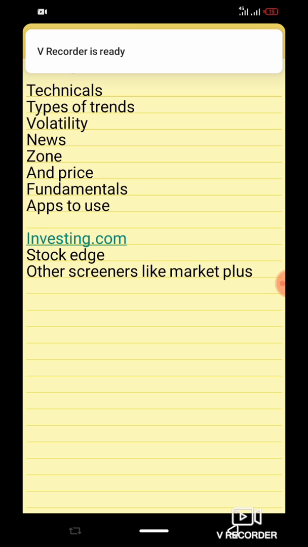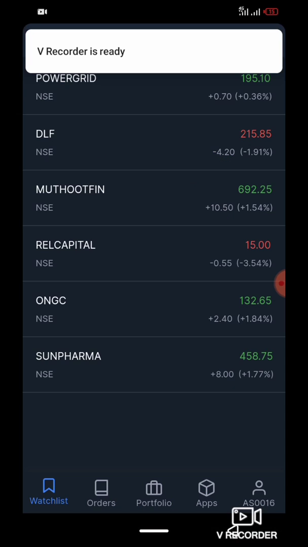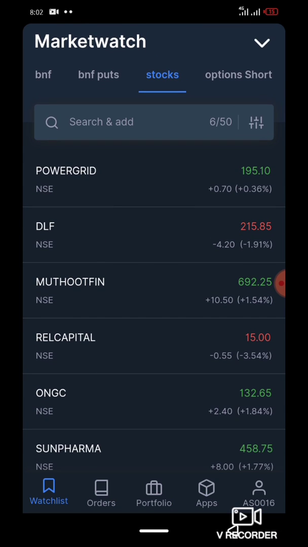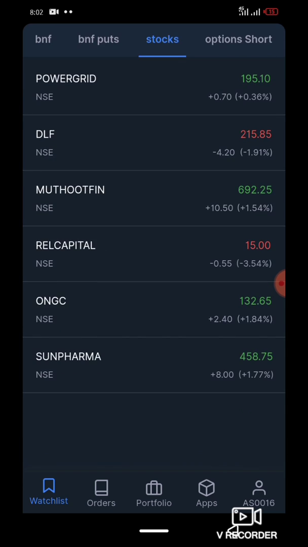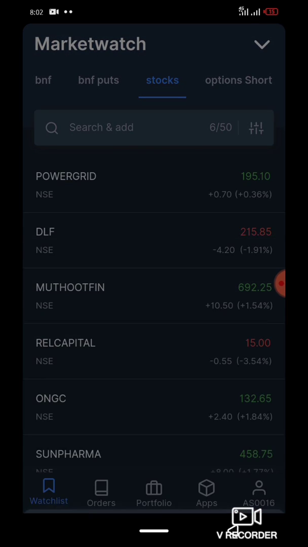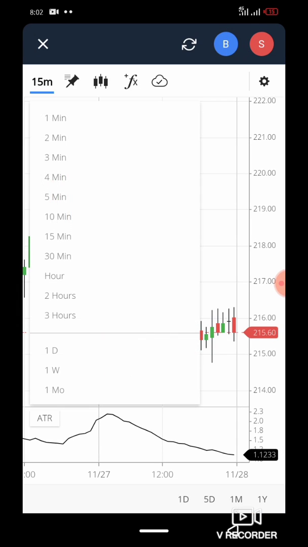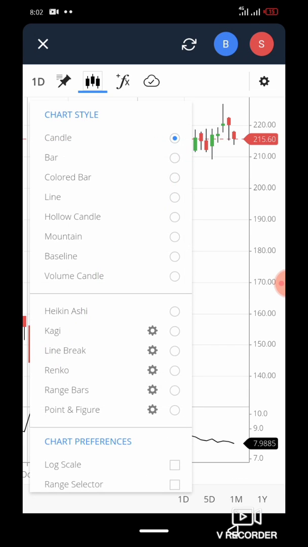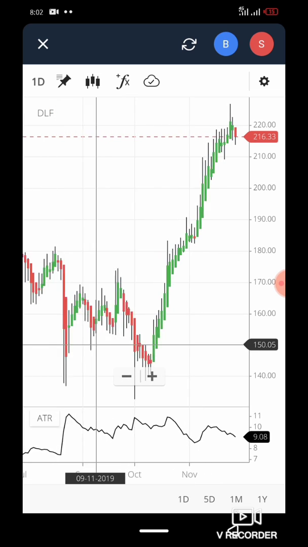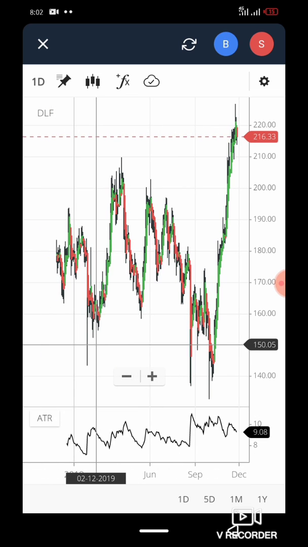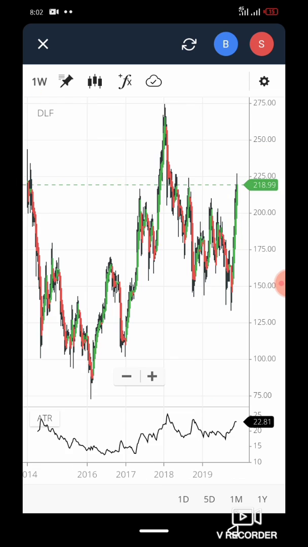So what is the zone? When you're buying something, you need to understand the zone of that stock. If I choose DLF, time frame of 1 day, I will see what exactly my zone is, where I am exactly.